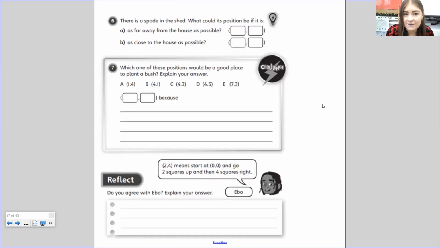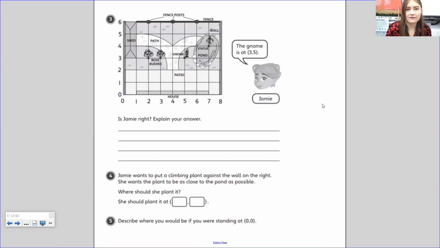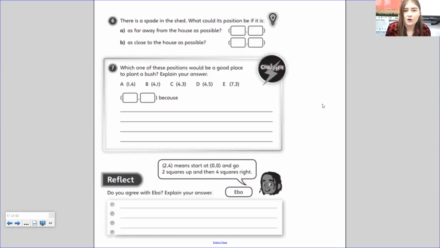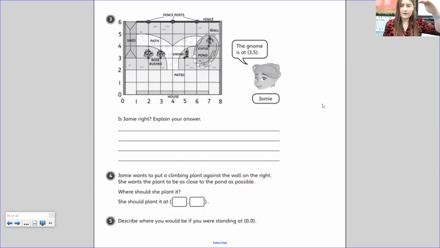In 6, there is a spade in the shed. Have a look at that shed. There are 3 squares that shed takes up. So it wants you to decide what is the coordinate if the spade is really, really far away from the house, as far away as possible. What could the coordinate be for that spade?